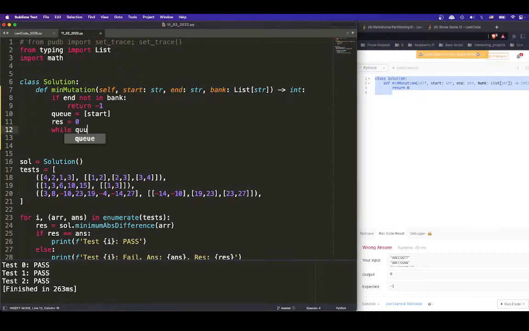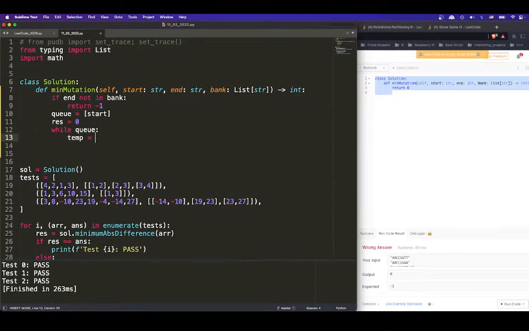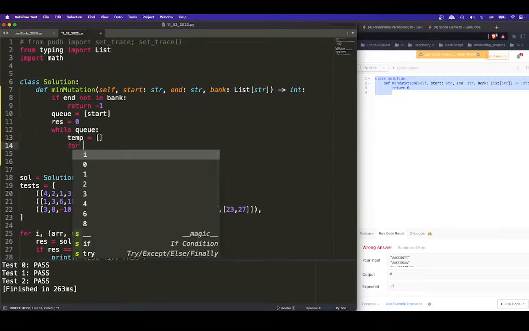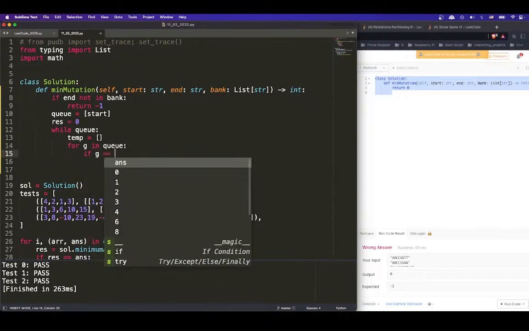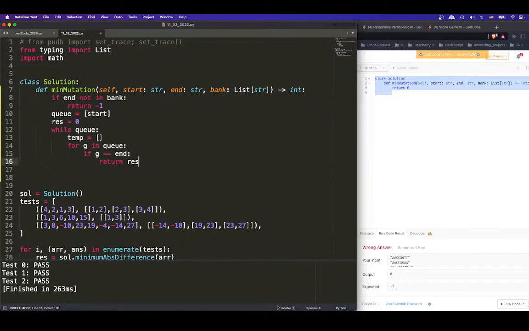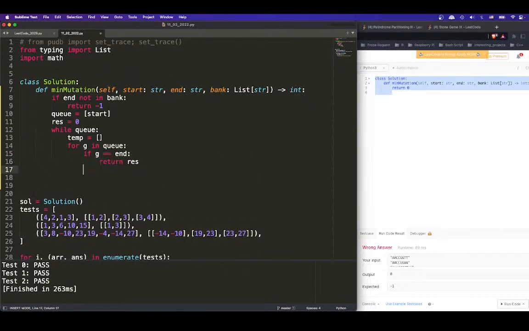So while q, temp, for g in q, right? If g is equal to end, then return res. Otherwise, oh, I have visited.